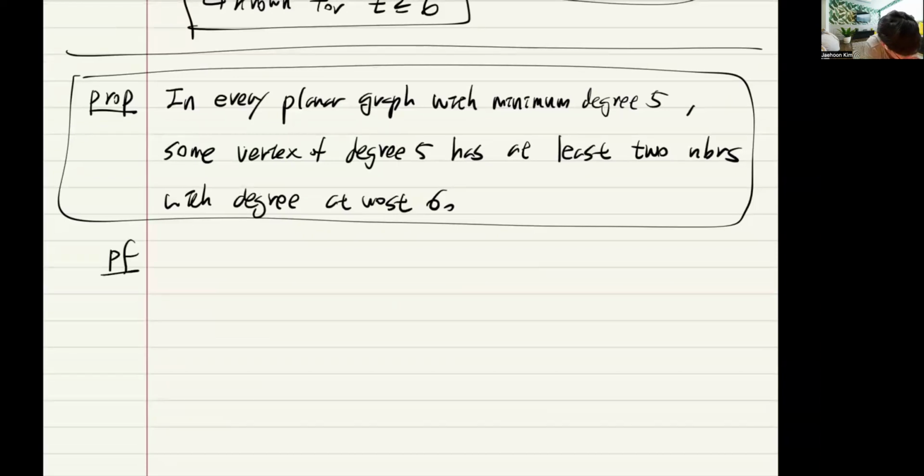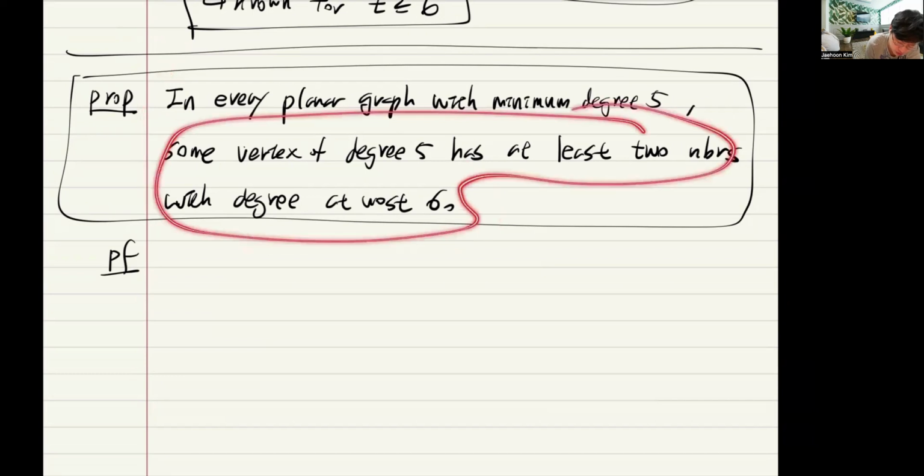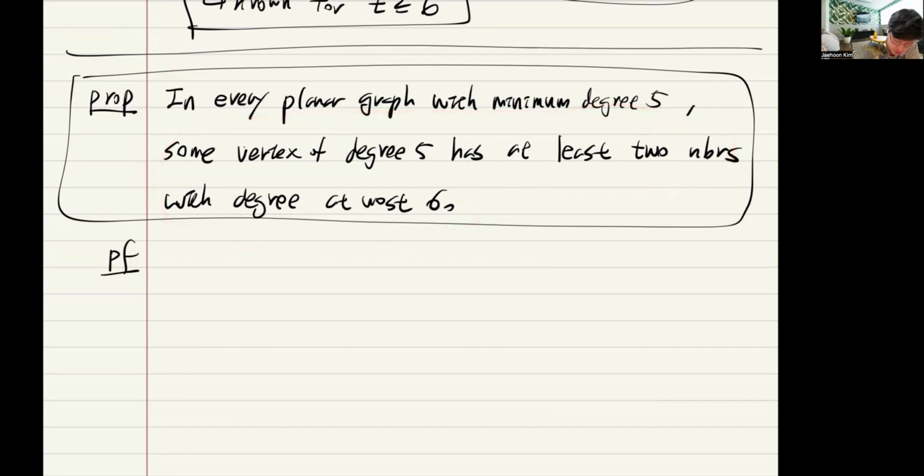Okay, how do we prove this? We want to prove that if this is not true, if there is a graph which has minimum degree 5, and every vertex of degree 5 has fewer than 2 neighbors with degree at most 6, then the graph becomes too dense to be planar.